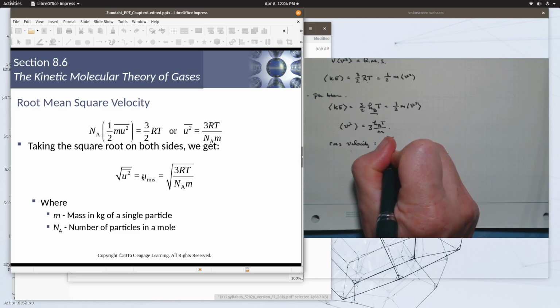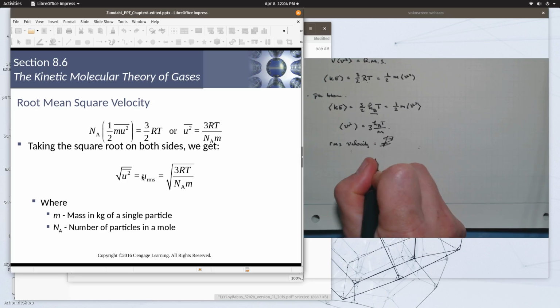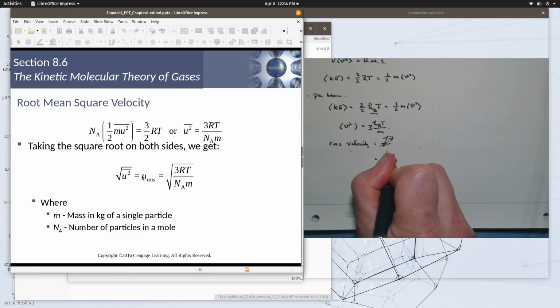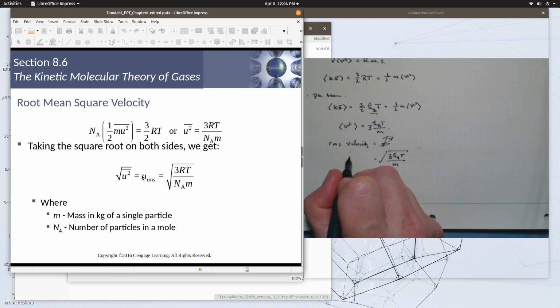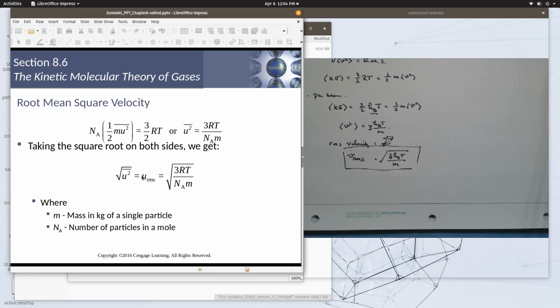We'll do it 3. This equals the square root of 3 kBT divided by mass. That's the VRMS, which is similar to what we derived before.